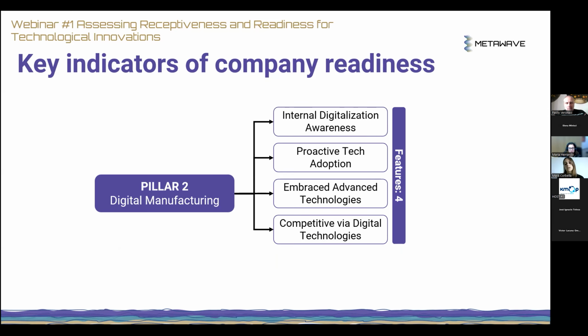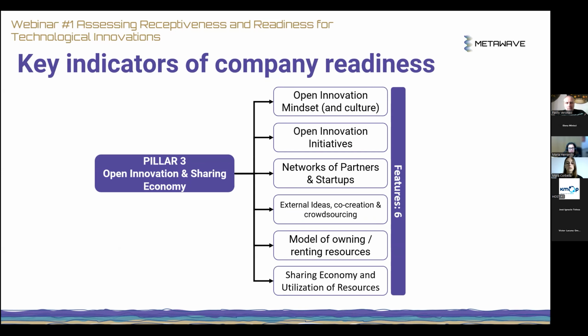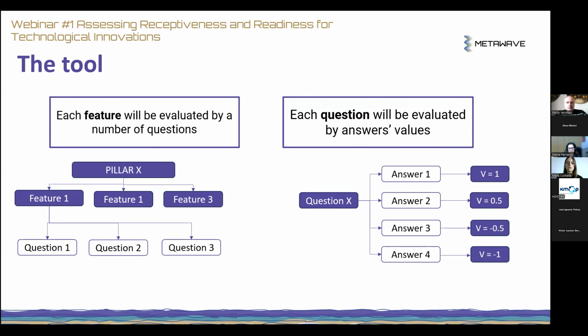These are other examples of the features for each pillar. I don't want to go into detail, but I need to show you these to make you understand that for creating this tool that I'm now presenting, this self-assessment tool for the companies, we started from the pillars. We identified the subsections, so the features for each pillar.